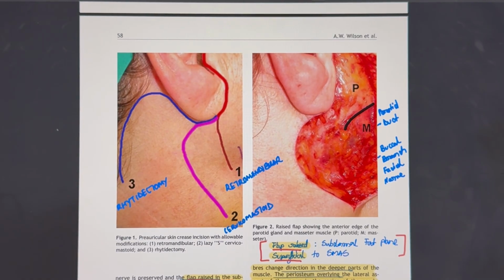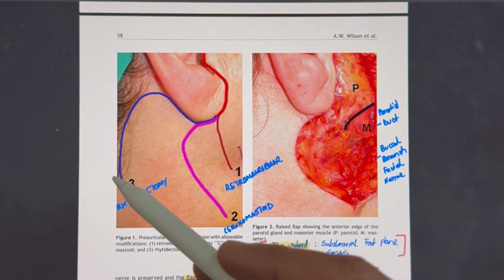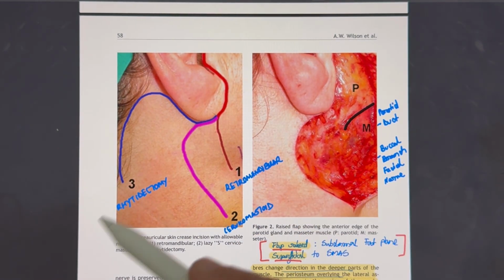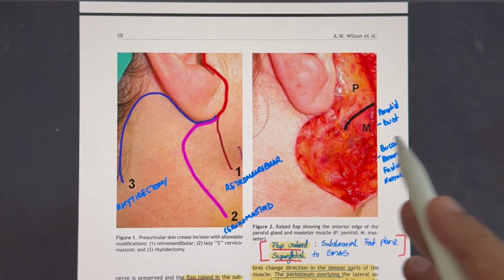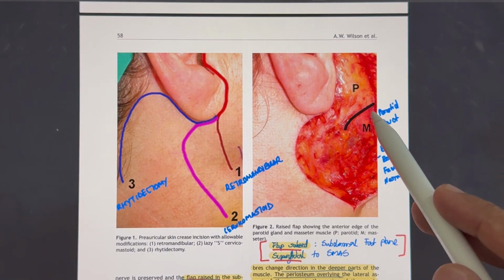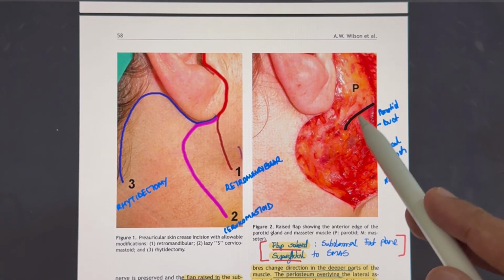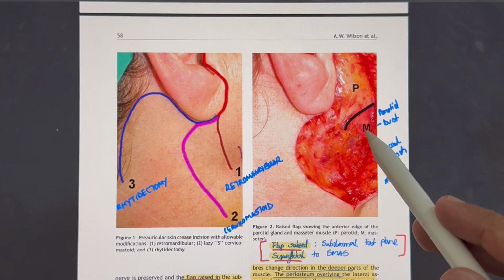So with that we cover the APTM approach, and to recap, we give a traditional preauricular incision with any of the three modifications of the downward extensions. The flap is raised in a subdermal fat plane, and you go superficial to the SMAS, and your aim is to reach the antero-inferior edge of the parotid, where you will be able to visualize the masseter muscle.